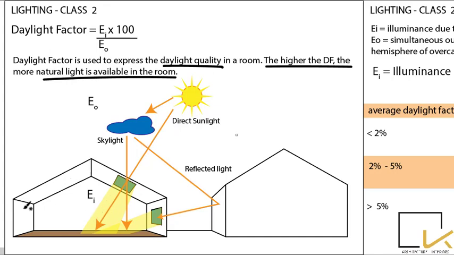Here we have a particular room with illumination inside denoted by EI and illumination outside denoted by EO. There are three types of light that are reflected. One is direct sunlight which enters your house, one is reflected light from the sky, and the third is internally reflected light.